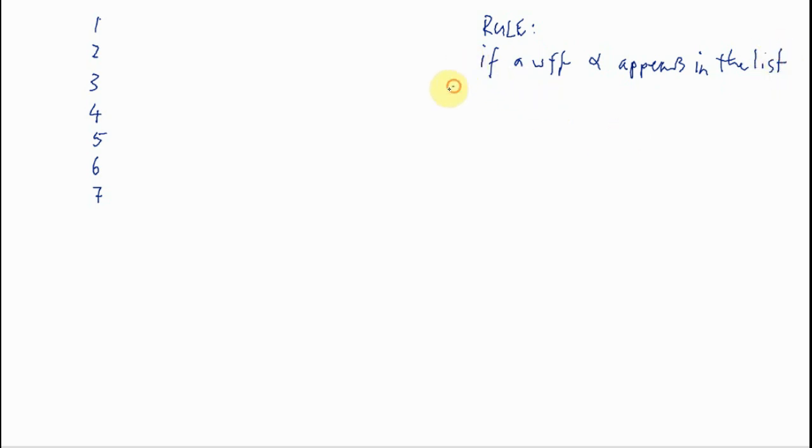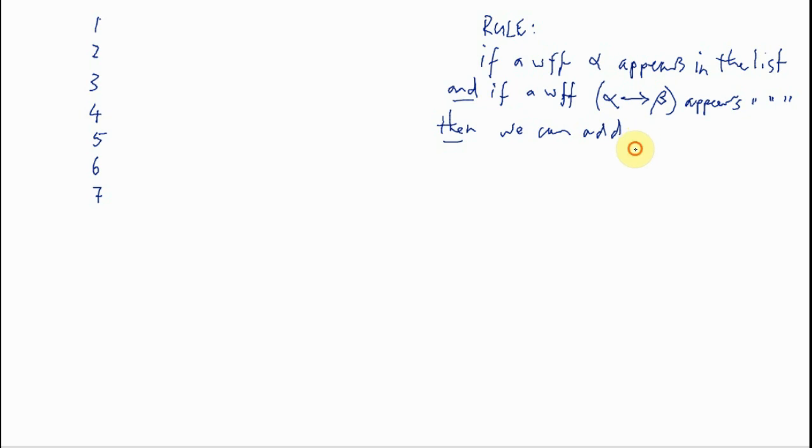And, moreover, if a wff alpha arrow beta appears, I'm just going to put ditto marks in the list, then we can add beta, the wff beta, because the assumption here is that both alpha and beta are wffs.